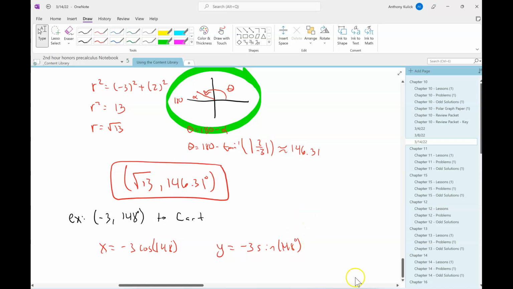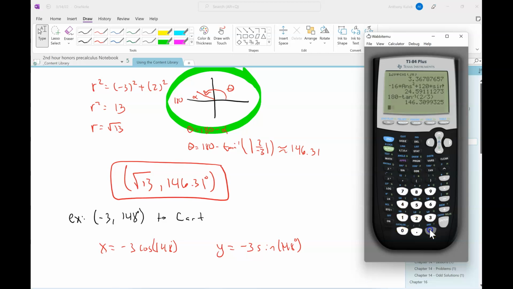Just type it into the formula and I'm done. What, Mr. Kulik? Yeah, dude, it's that easy, man. So I have 2.54 and then negative 1.59.